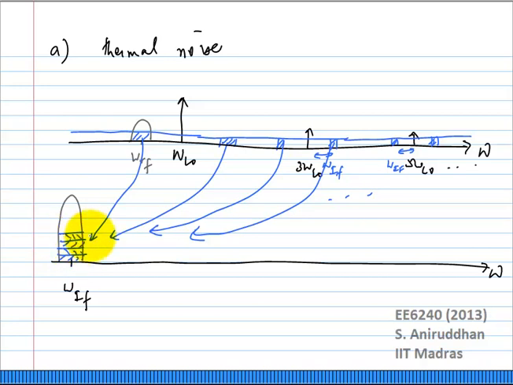But the thing to note is that these noises coming from different bands, around 3 omega LO, 5 omega LO and so on, they will add in power at the output. Okay? And they will have a certain transfer function which we can easily find out. What is the transfer function around 3 omega LO? Actually, what is the transfer function of the signal around omega LO? It will be the same as that for the basic signal.